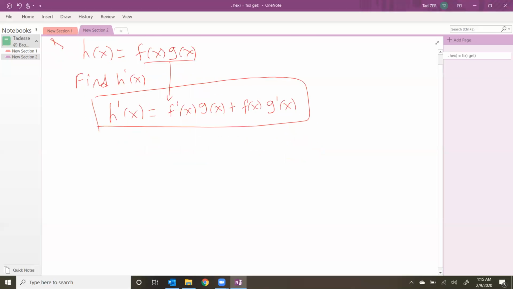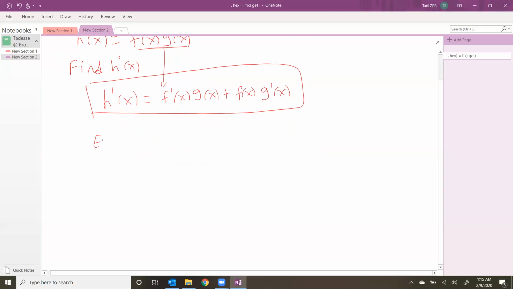Let's see an example. Let h of x equal x squared times e to the x. Now you can see that this function h of x is the product of two functions, x squared and e to the x. You can think of x squared like f of x and e to the x like g of x.